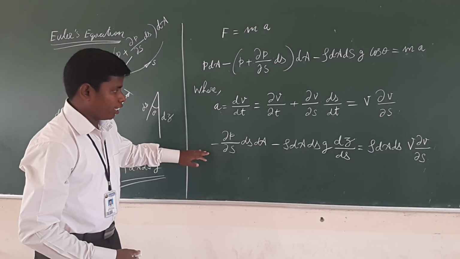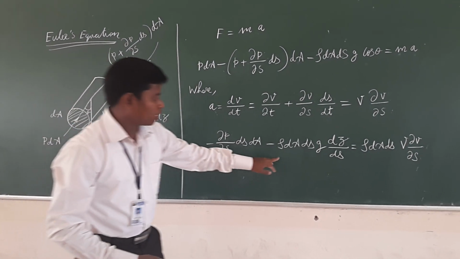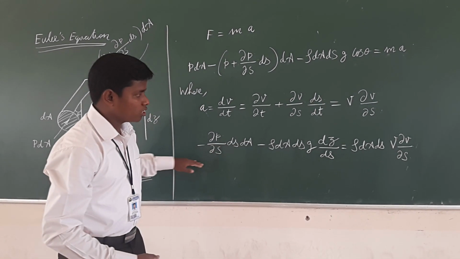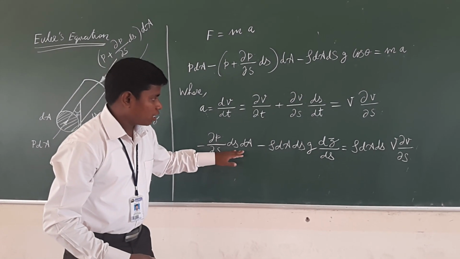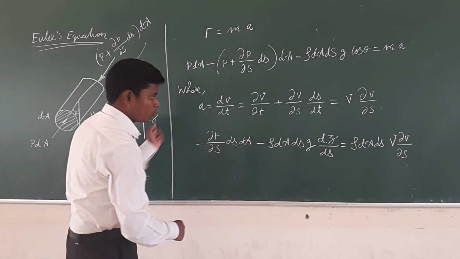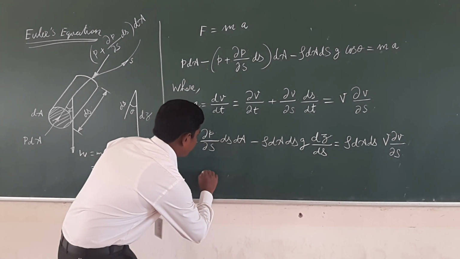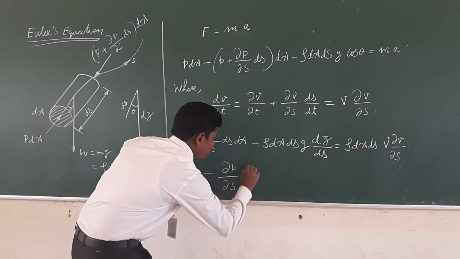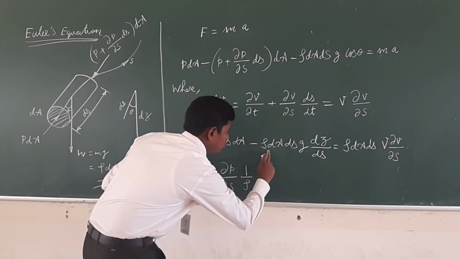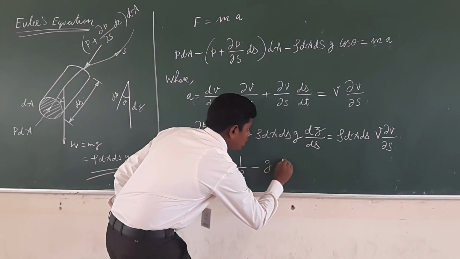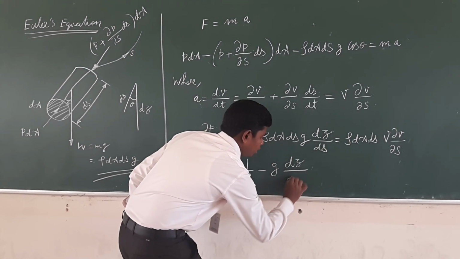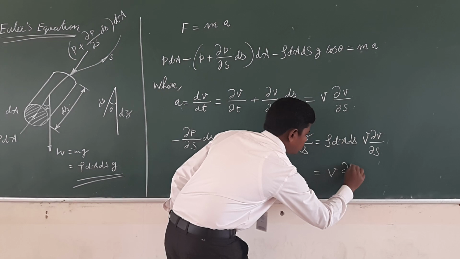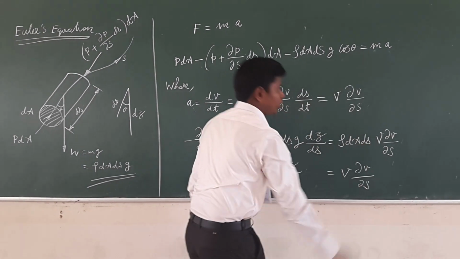Now I am going to divide this equation with rho dA ds, which is present in all the terms. Then the equation takes a simple form: minus 1 by density dou p by dou s minus g dz by ds equals v dou v by dou s.